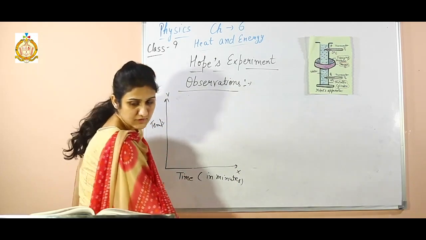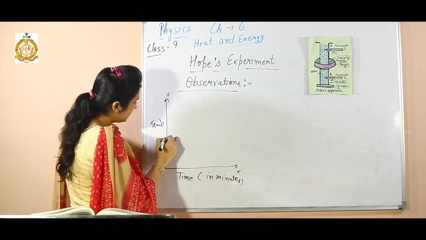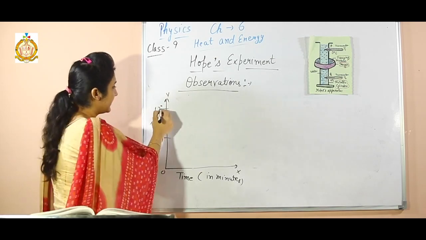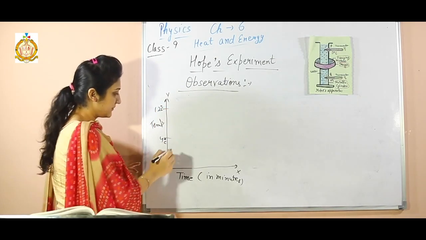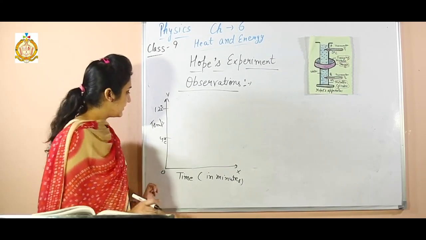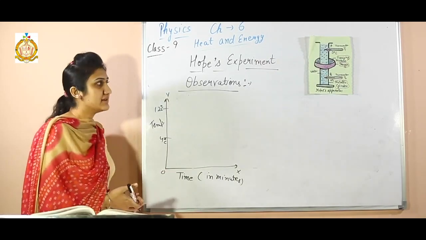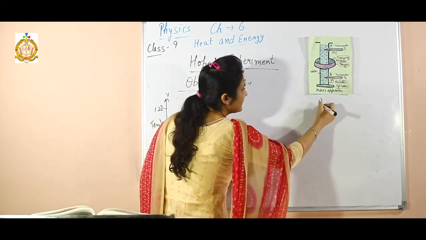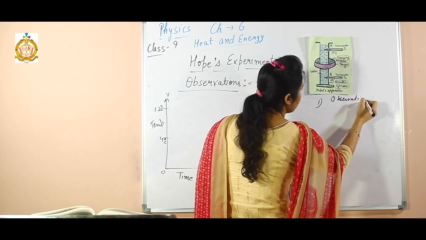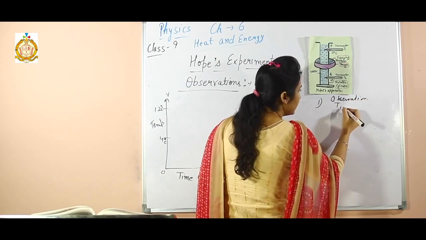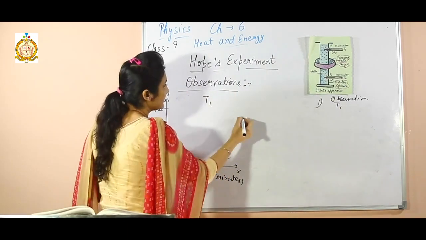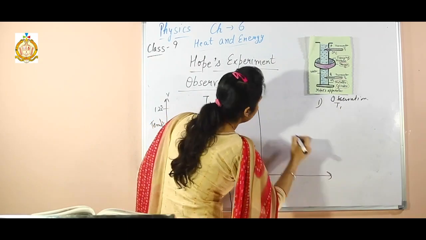So if we say here is 12 degrees Celsius and here is 4 degrees Celsius and the time is taken here, then as we have discussed in the first observation, we can draw graphs for T1 as well as for thermometer T2.